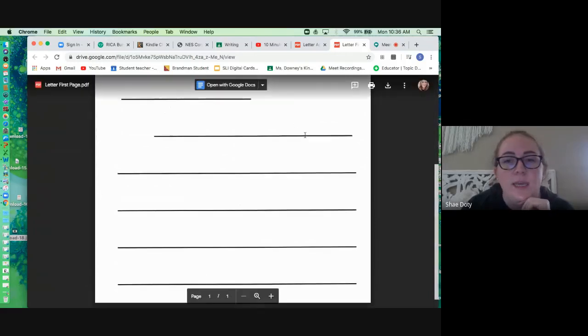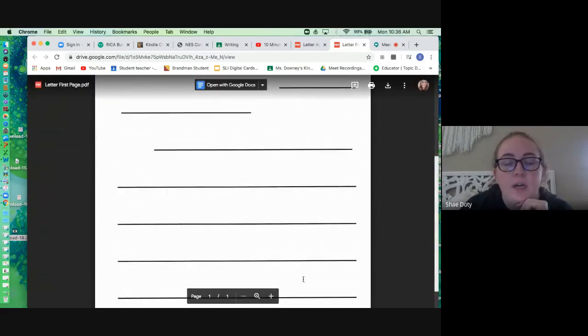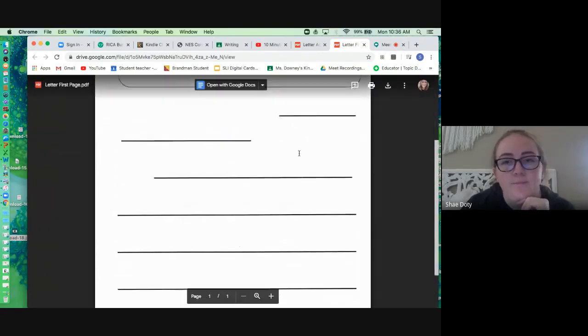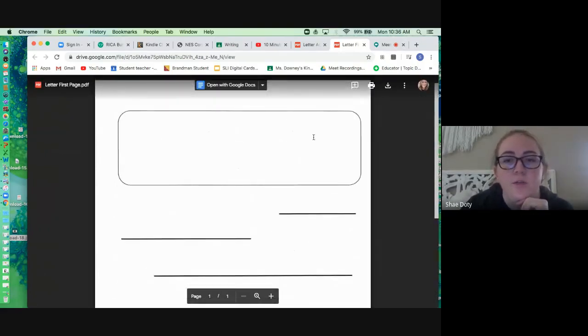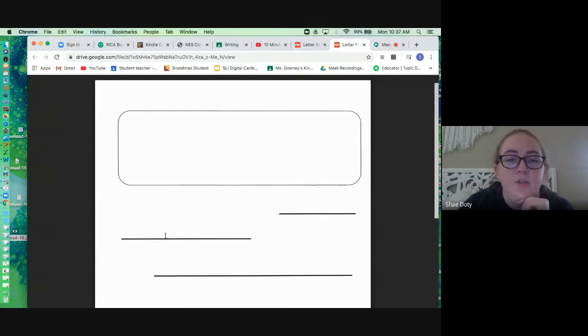So it's the same down here as our how-to book, where you're still going to be writing on these lines. The only thing that's new is a smaller bubble for our pictures, and then a small line for the date, and then an extra line here to write who it's to.